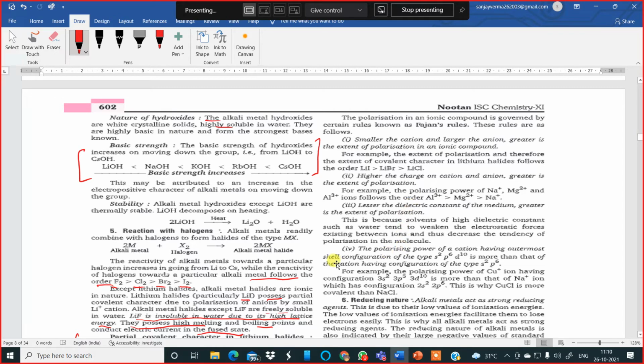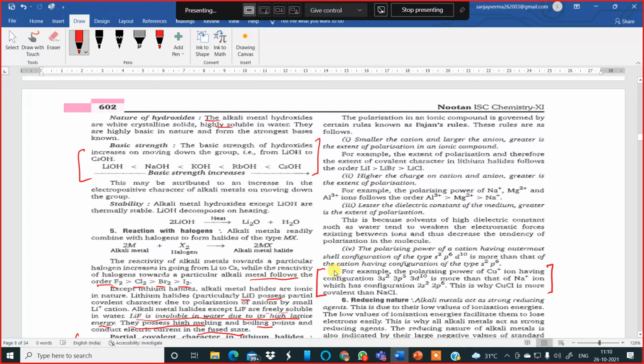Then number 4, the polarizing power of a cation having the outermost shell configuration of the type s2p6d10 is more than that of a cation having the type s2p6. So any cation which has an outer electronic configuration involving d orbitals will have a polarizing power higher than that having the electronic configuration of the type s2p6. Here is the example of copper. This had been a question some time ago in one of the competitive examinations also.